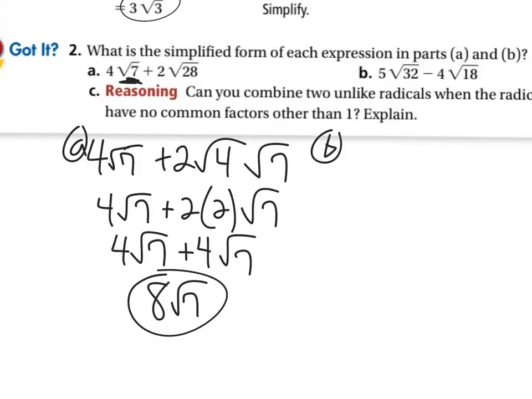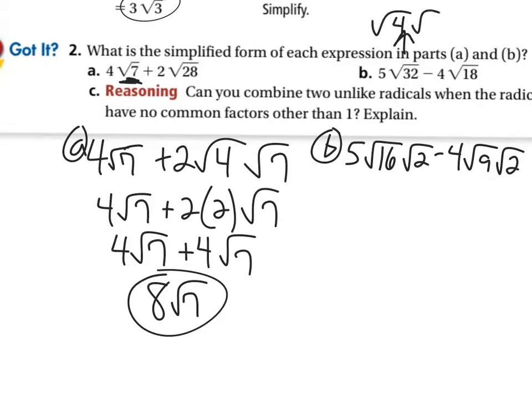Part B is a little bit different because 32 and 18, we actually need to work with both of these. So 32, that would be 16 times 2. And 18 would be 9 times 2. Again, what we're trying to do is factor out some perfect squares. On 32, you might have looked at that and said, oh, it's 4 times 8.